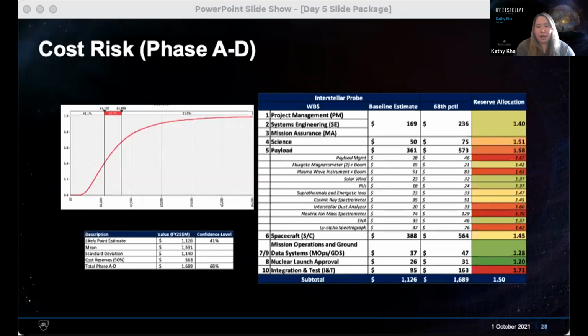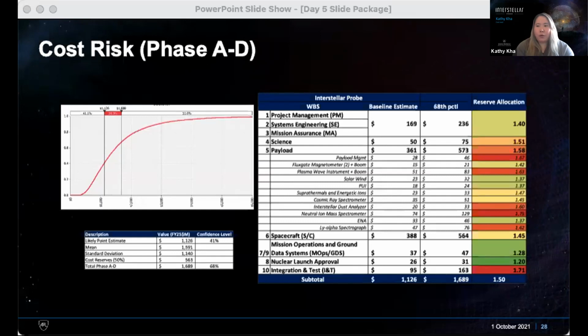So before reserves, the cost risk analysis has the estimate sitting at the 41st percentile. After we add in 50% reserves, that puts us at the 68th percentile in terms of how confident we are that we can complete this with the resources that we've estimated.